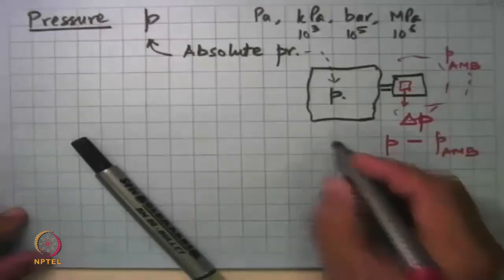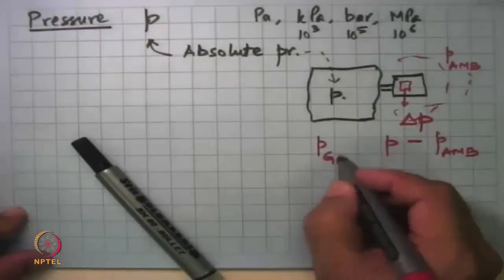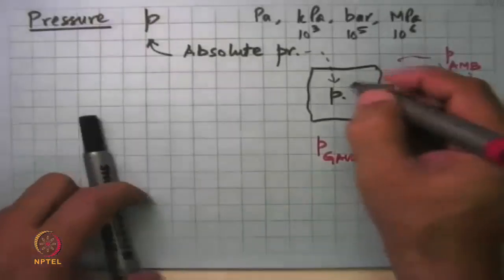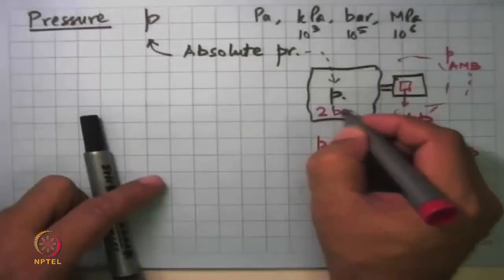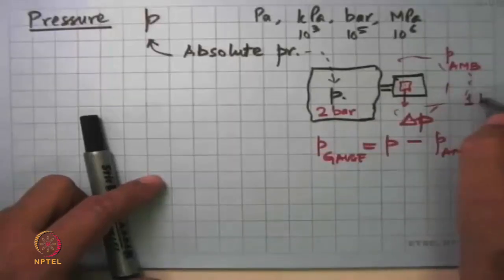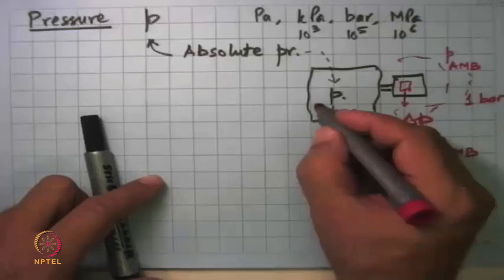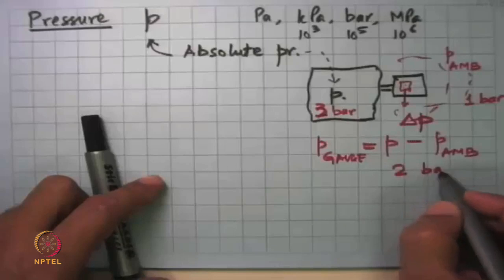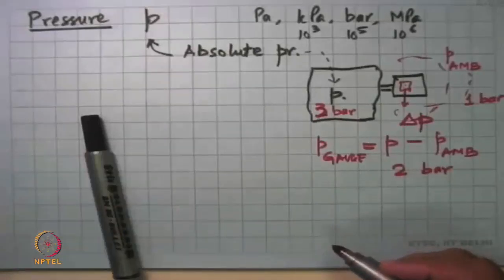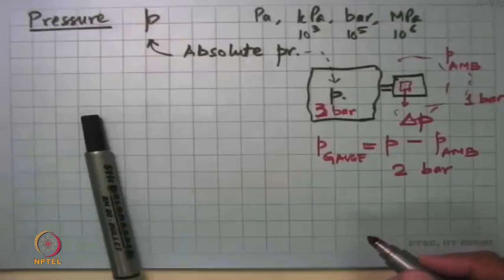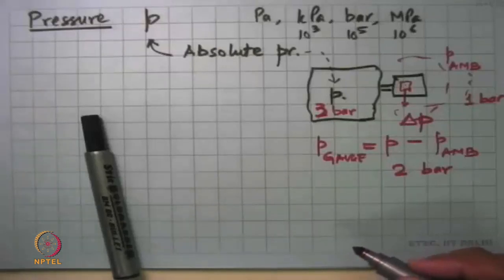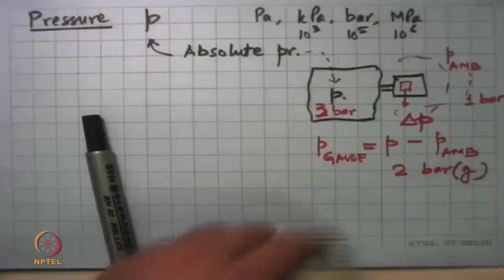So what we do is we define this as a gauge pressure, and we say that if the tire pressure there was say 2 bar and ambient pressure is say 1 bar, or say let's take this as 3, then the gauge shows 2 bar. And to tell somebody what the pressure in the tire was, if we say the tire pressure was 2 bar, it means that the absolute pressure in the tire was 2 bar. So if you want to tell them what the pressure was measured, you must always add the symbol G after that.